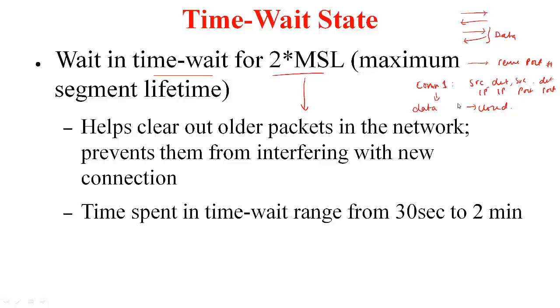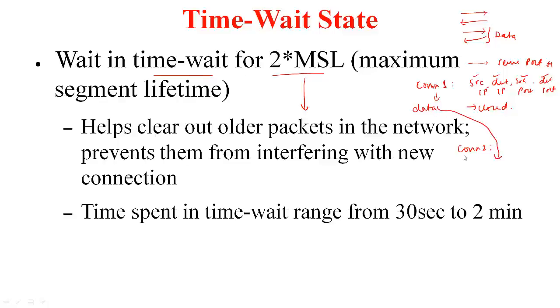Now some of this data belonging to this connection could still be in the network because it was retransmitted or whatever. Now let's say the same endpoints reopened a new connection called connection 2. So this connection 2 is between the same source and destination and with the same source port and the destination port.